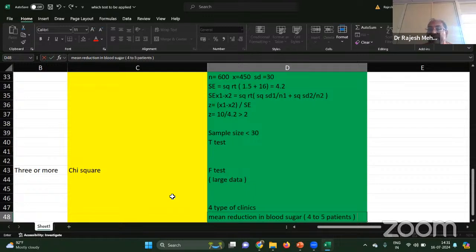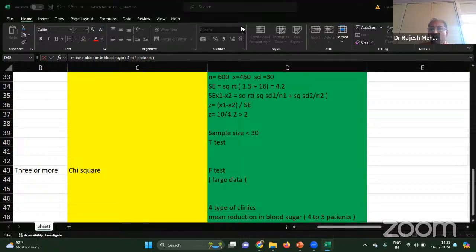So what do you do in these cases? You have, let's say, 4, 5, 6 series of such data, different cities, different wards, different sects, and you have very small numbers to compare. If you have some idea, you can write in the chat box. Do you have some idea how we analyze such small data?